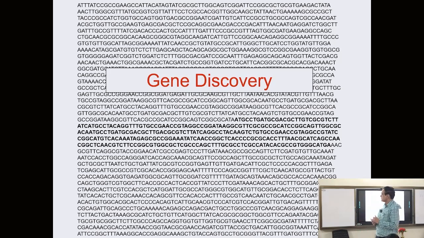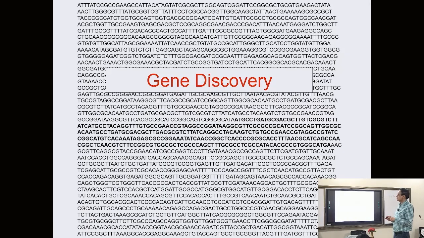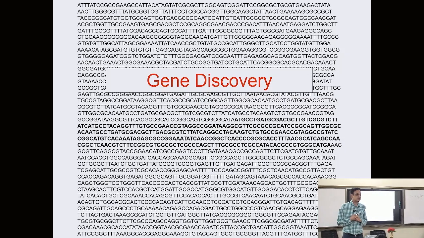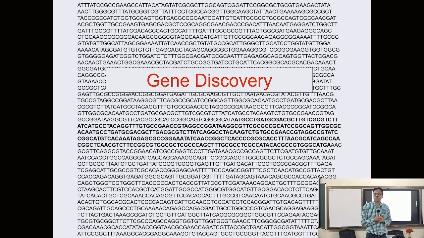And if you look at the genome of an organism, it could be millions or billions of nucleotides, and it's really a challenge to identify these patterns, particularly in the 1980s and 1990s, when methods were being developed for identifying genes. Nature has provided some hints actually, and those hints are, as you know, the start codons and the stop codons.